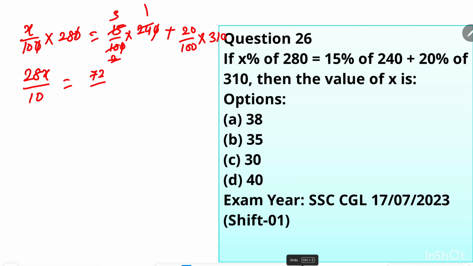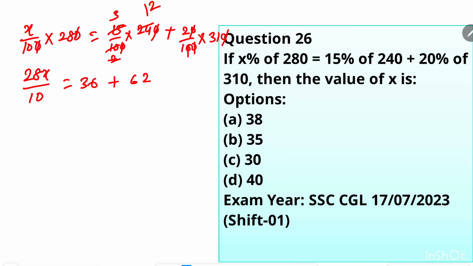Let me erase this, it is creating a little bit of a problem. Yes, directly you can write 36 here, you understand? And then this zero will be gone. How much is it? 62, you understand?